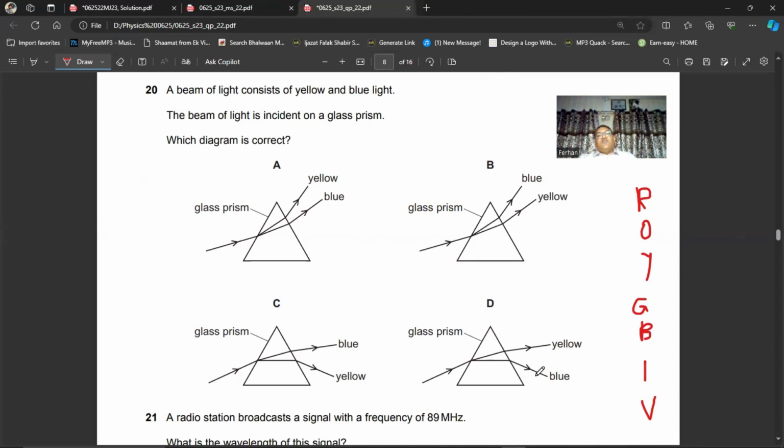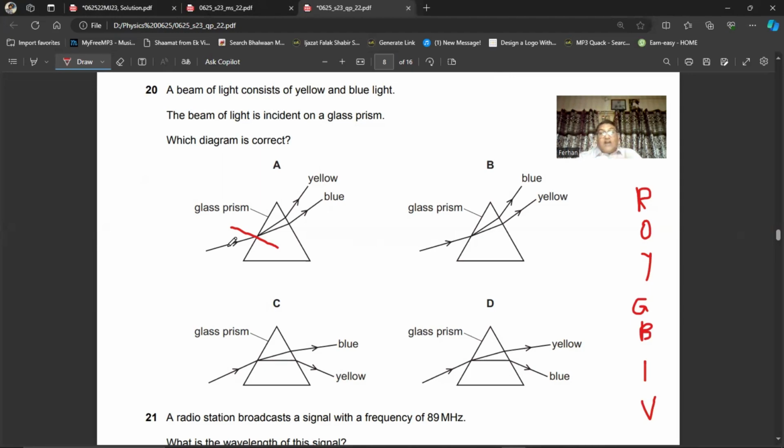The second thing is that when this light enters into the prism, you draw a normal here. Let me try to draw a normal. So what happens? When this light enters into the prism, the speed of the light becomes smaller.